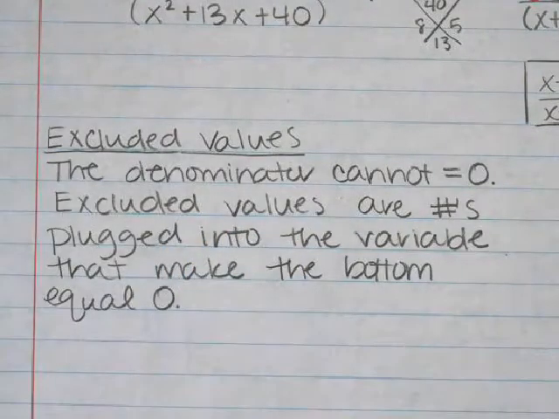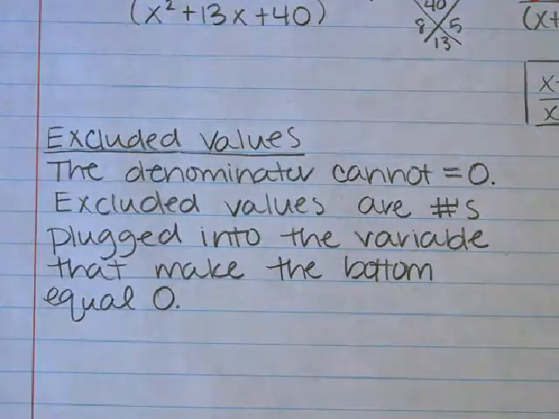So excluded values are numbers that you plug into your variables and they make the bottom equal 0. And that's why they're excluded, because you're not supposed to have that.